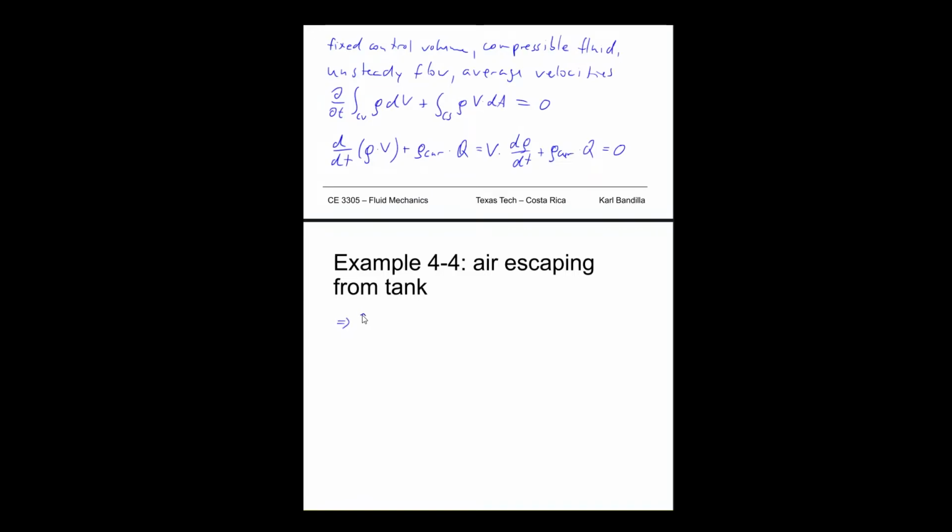That means not partial, but regular. d rho/dt is then minus the current density times the flow rate, so this is basically a mass flow rate divided by the volume.